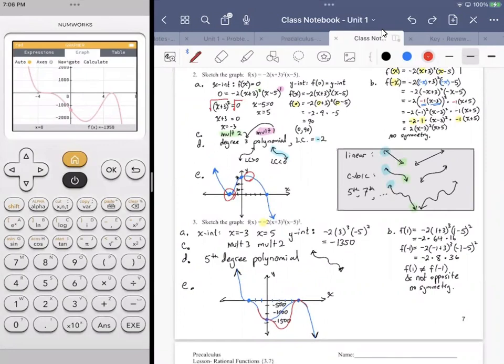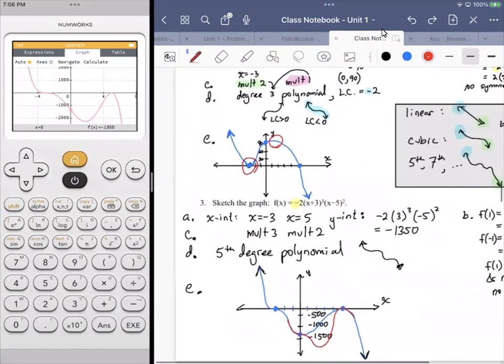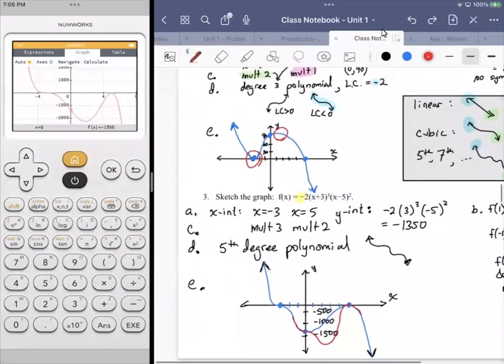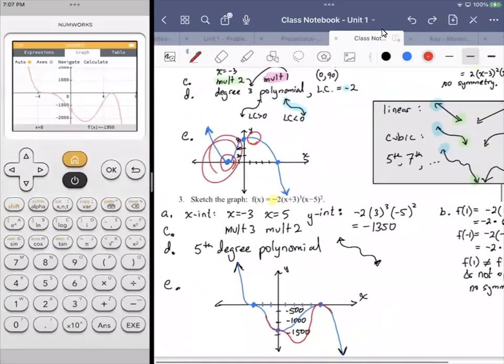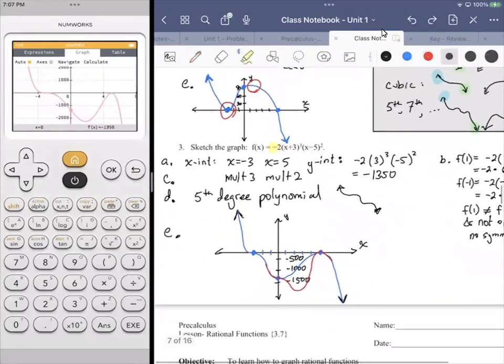So I'm a little bit thrown off because the example before where we start off with a multiplicity of 2, it has that parabolic shape. And of course, a 1 is more of like almost a straight line. But when we get to number 3, that multiplicity of 2 is not showing the shape on the graph. So the multiplicity 2, that would be over here.